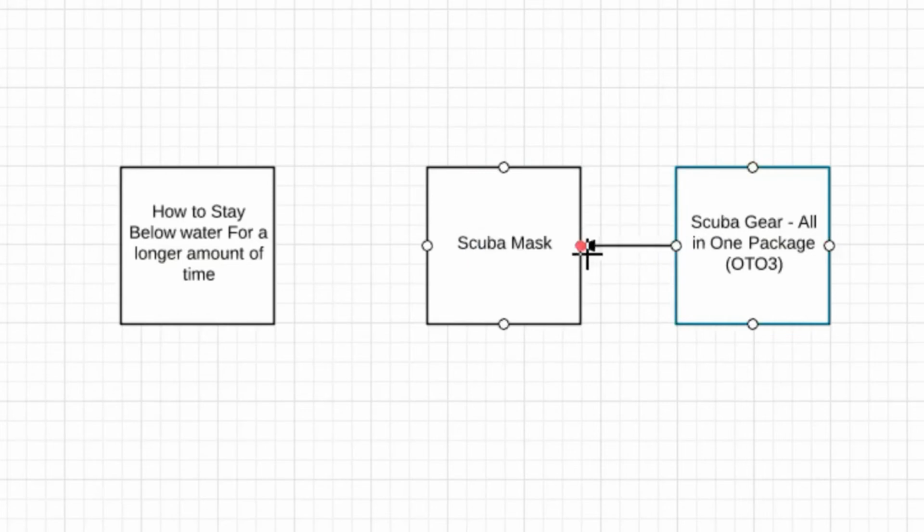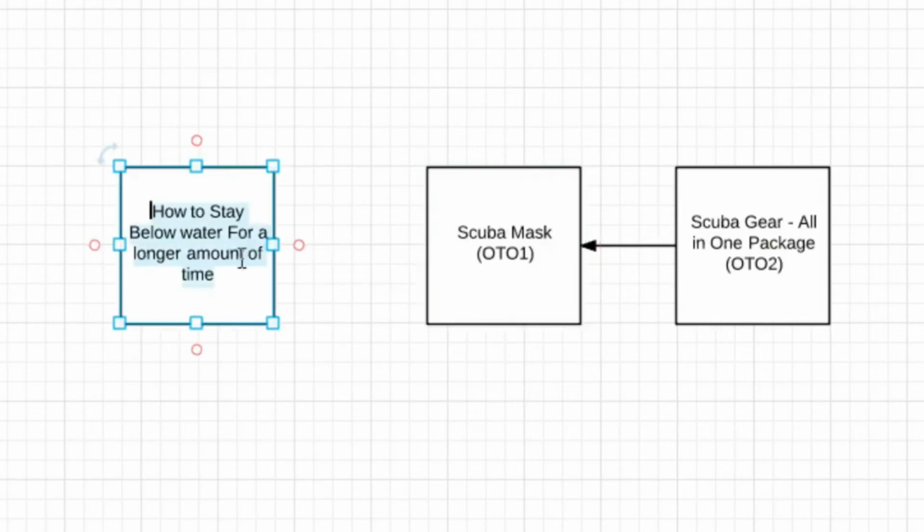So let's go here. And for simplicity, let's do OTO2 since it's a product. We'll do this as OTO1, and then maybe a front end offer. This could be a lead magnet, it could be a front end offer.